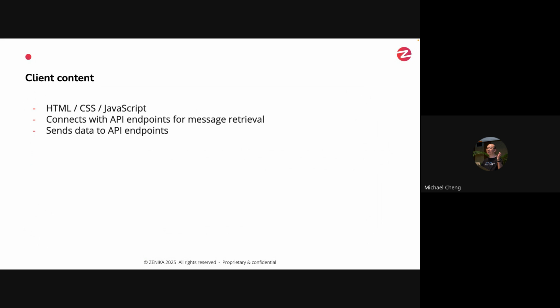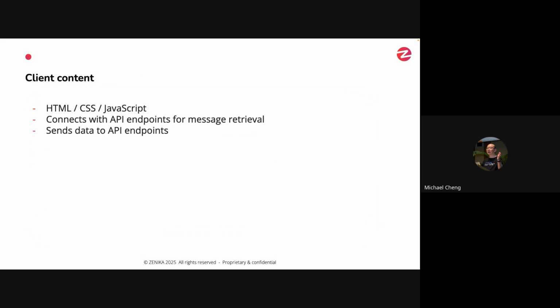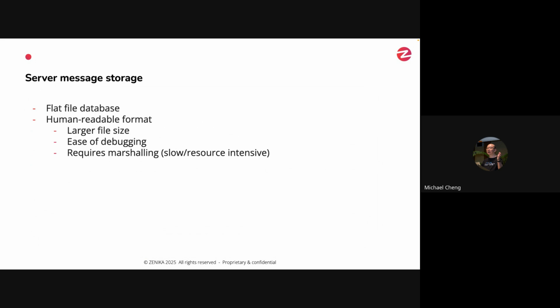Right. So we have HTML, CSS, and JavaScript as our client content. It's going to connect with the API endpoints listed earlier, and then we're going to send data to the API endpoints. For our message storage, it's going to be a flat file, human readable, larger file size, just a single file. But of course, it's in JSON, so it's going to require marshalling.